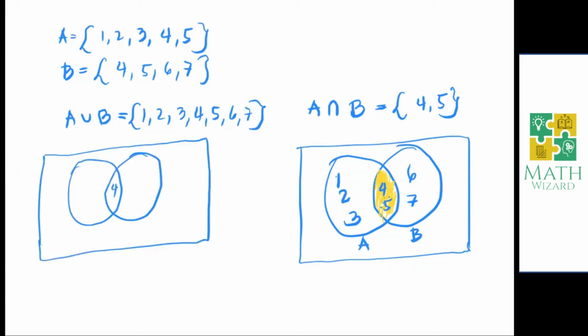This is 4, 5, 6, and 7 for letter B. For letter A, we have 1, 2, 3. Pag sinabing union, pagsasamahin lang natin sila. Lalagyan ko lang ng shade.